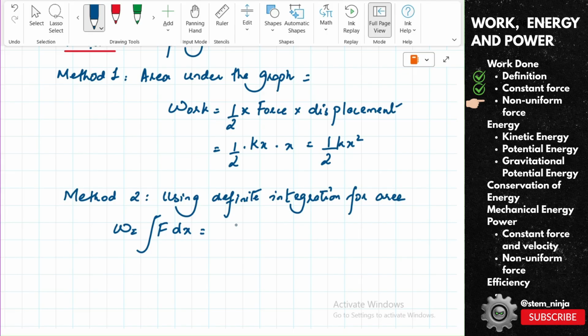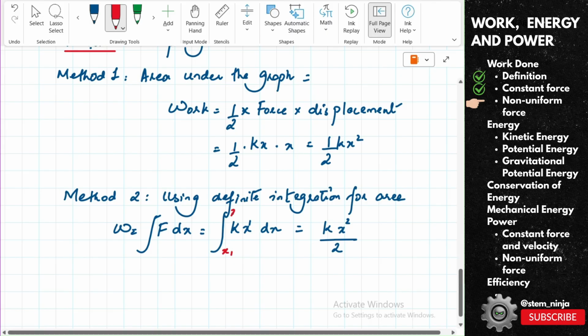Now, if we take F equal to kx, you will get this form. And simple integration we have to do: this would be k, the power is already 1, so we raise the power by 1 and divide by that. Although there will be a plus c involved from that, we are not doing indefinite integration, we're doing definite between some x1 to x2.